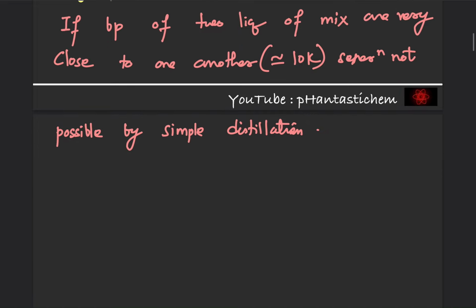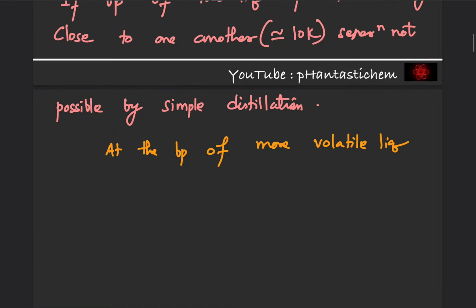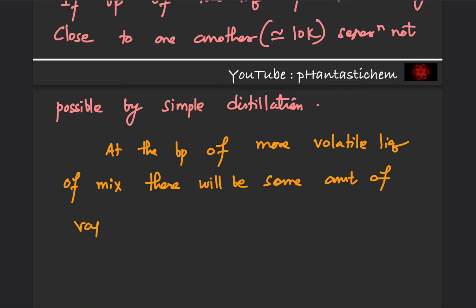Okay, so at the boiling point of the more volatile liquid of mixture, there will be some amount of vapors of the less volatile liquid as well.